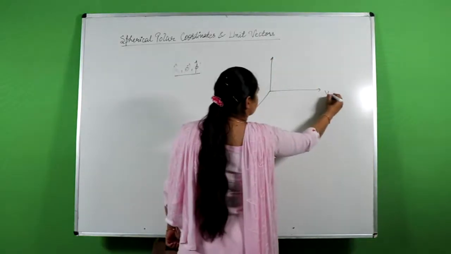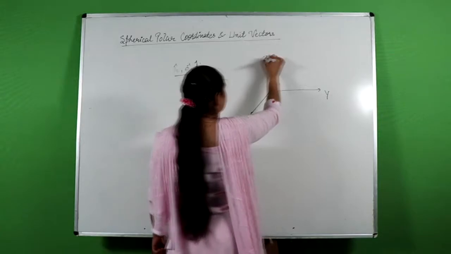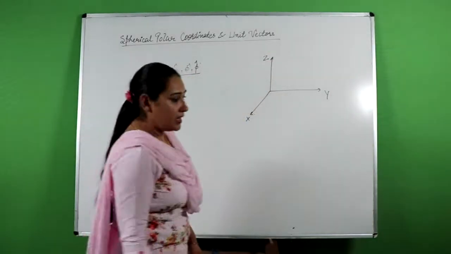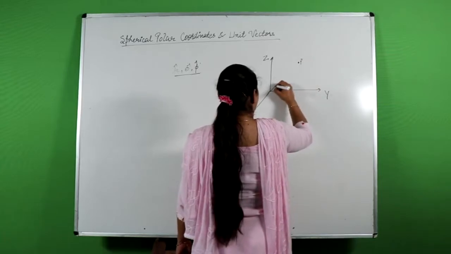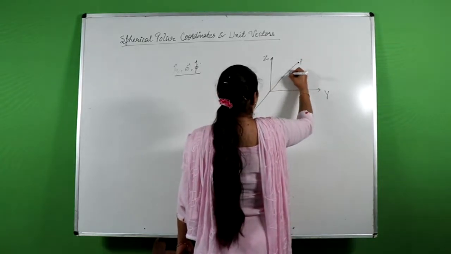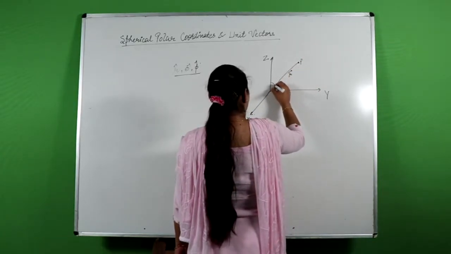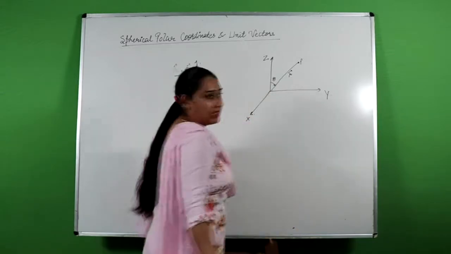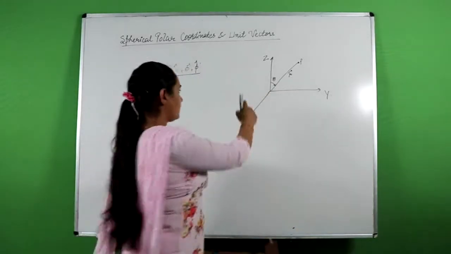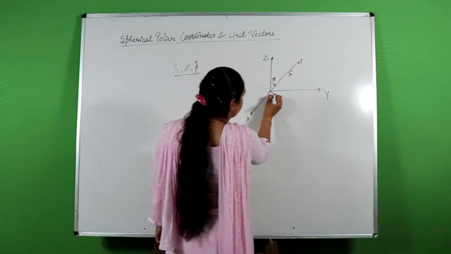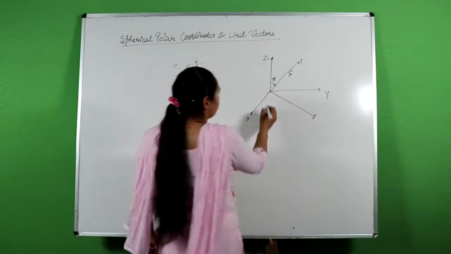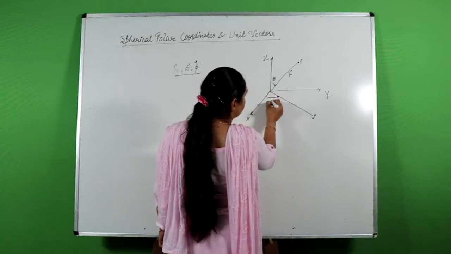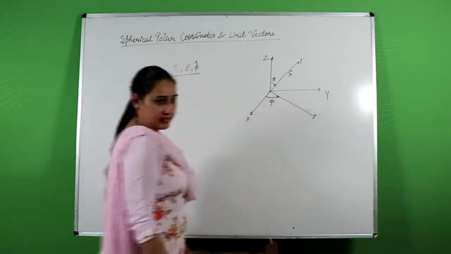Let us suppose this is my y-axis, this is the x-axis, this is the z-axis. As we have already discussed, we have a point P over here such that the position vector r is making an angle theta with the z-axis, and the projection of this position vector is rho, which makes an angle phi with the x-axis.